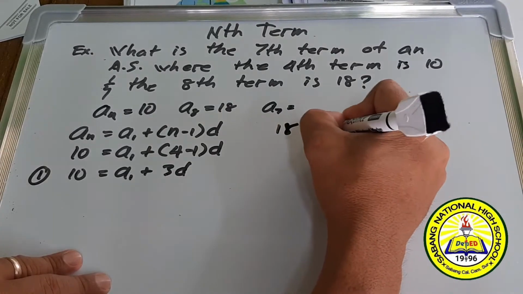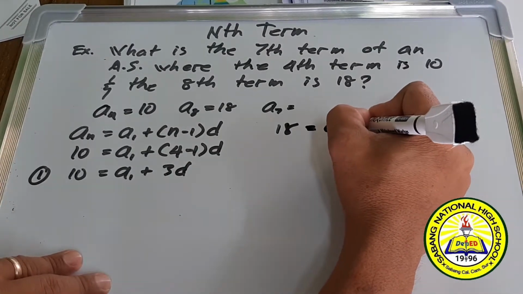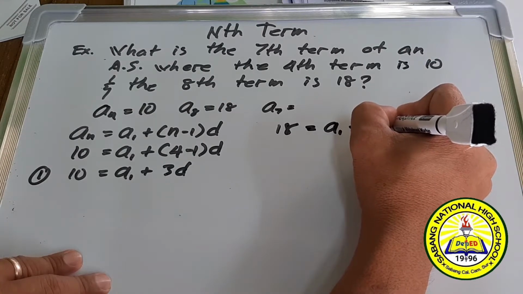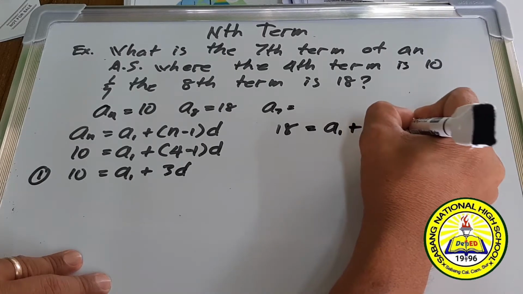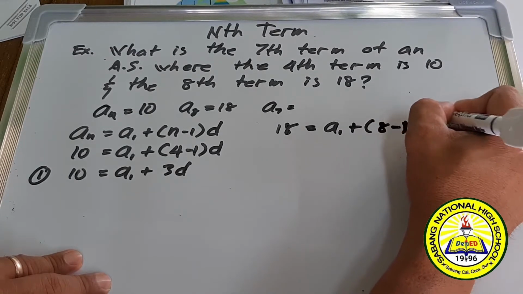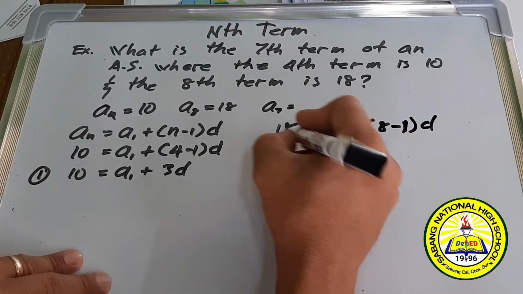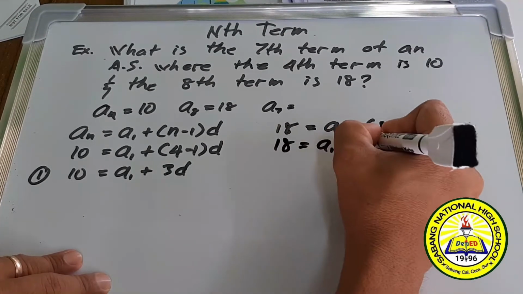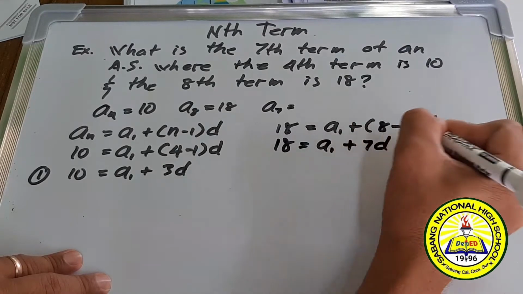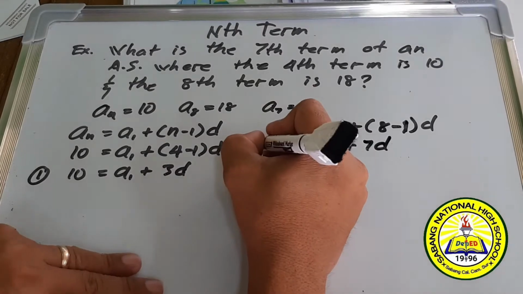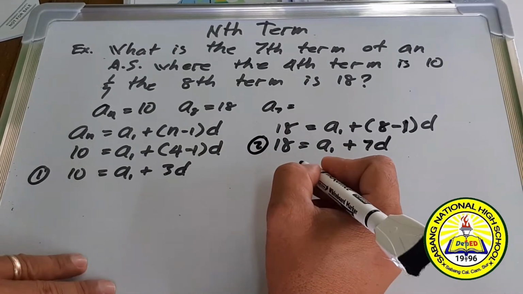Is equal to, again, a sub 1, that is unknown, plus the 8th term, change n with 8 minus 1 times the common difference. So we have 18 is equal to a sub 1 plus 7d. That is our second equation.